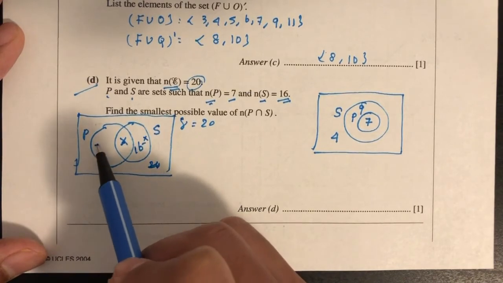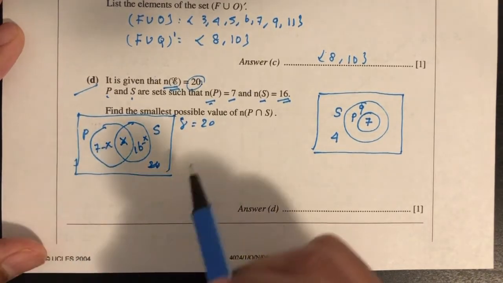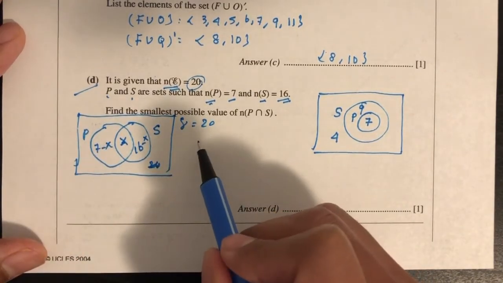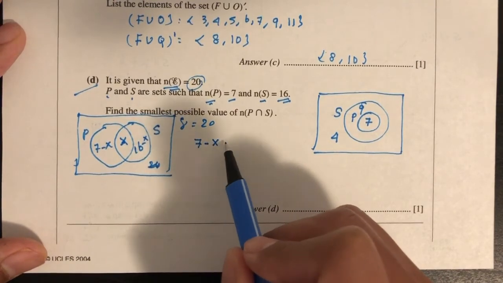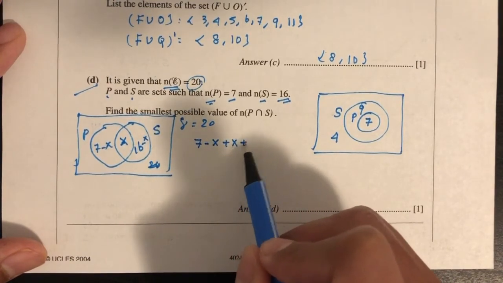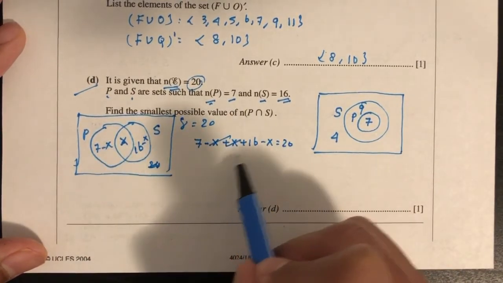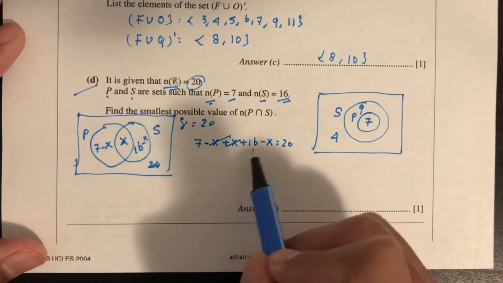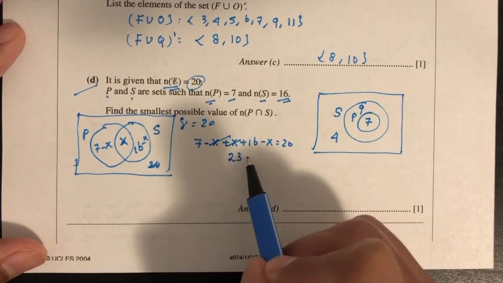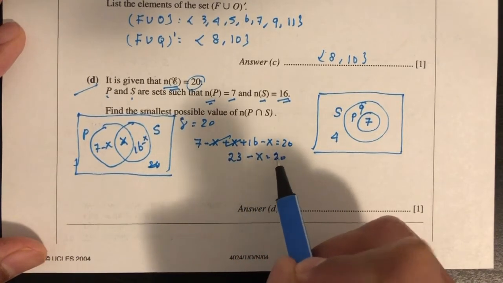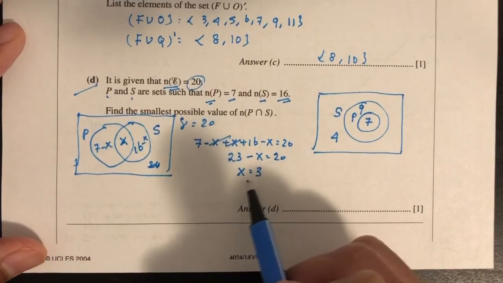Here will be 7 minus x. So we have to find out. Let's do that. 7 minus x plus 16 minus x equal to 20. So 7 plus 16 will be 23. So x will be 3.